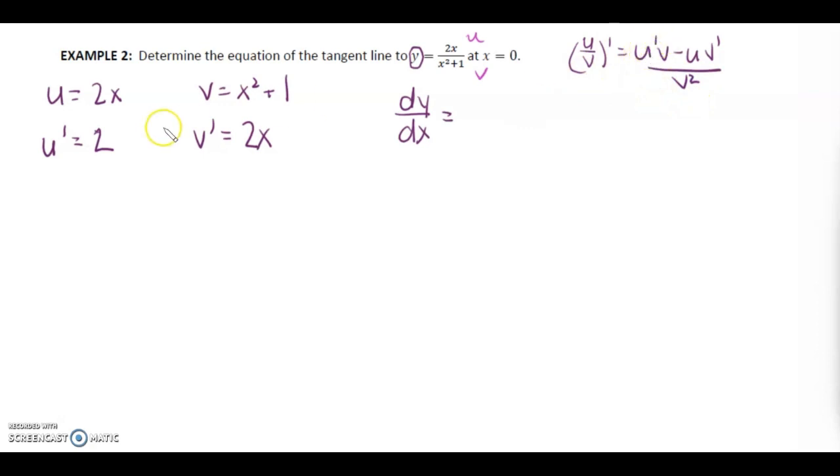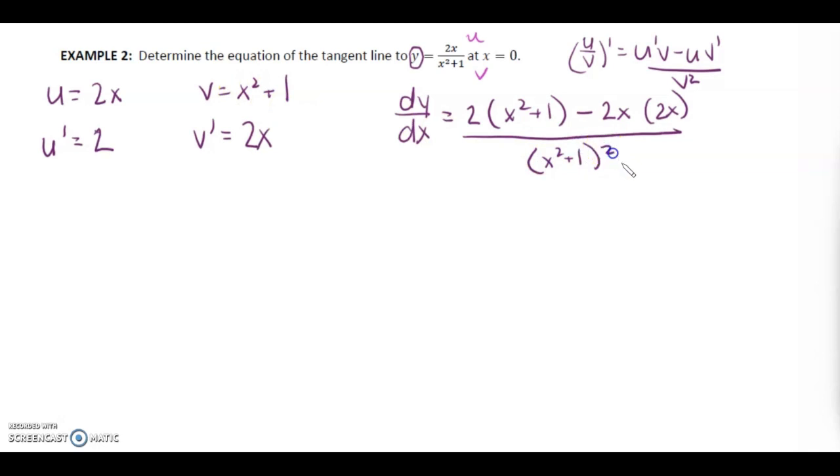So u prime, which is 2, times v, which is x squared plus 1, minus u, which is 2x, times v prime, which is 2x, all over v squared. So v is x squared plus 1, and then square that.